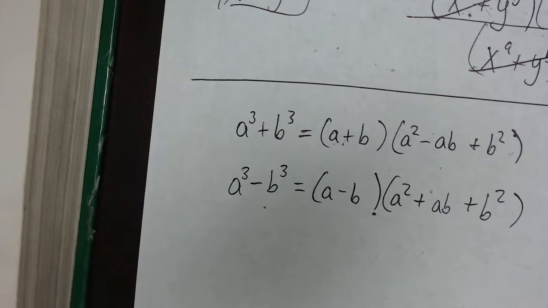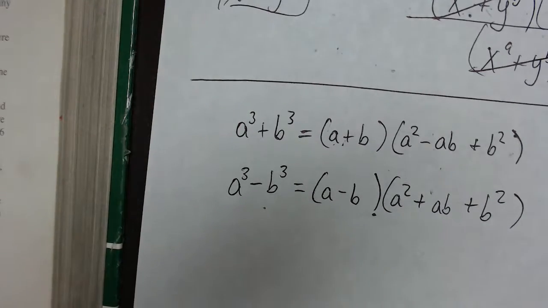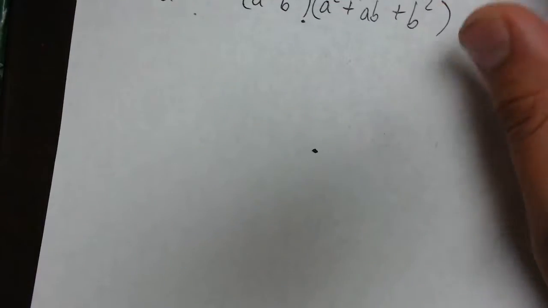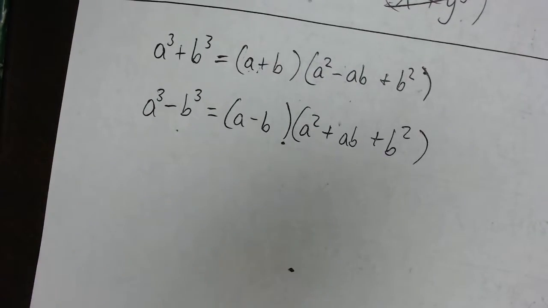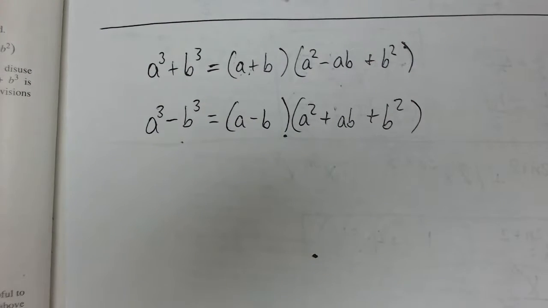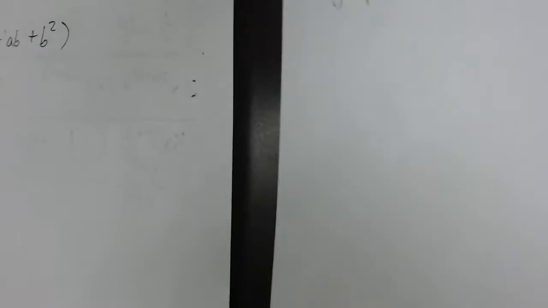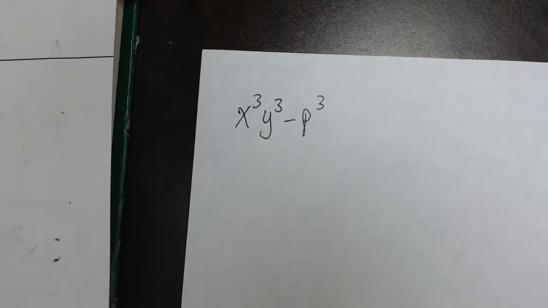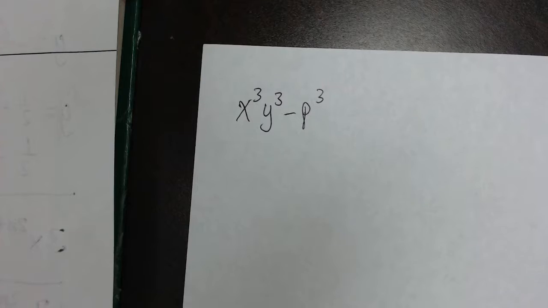So let's go ahead and use an example. We got time. We'll do two examples because this is going to be pretty tough. And I'll use a separate sheet of paper so I can keep coming back to these two theorems. So the first example gives us x cubed y cubed minus p cubed.